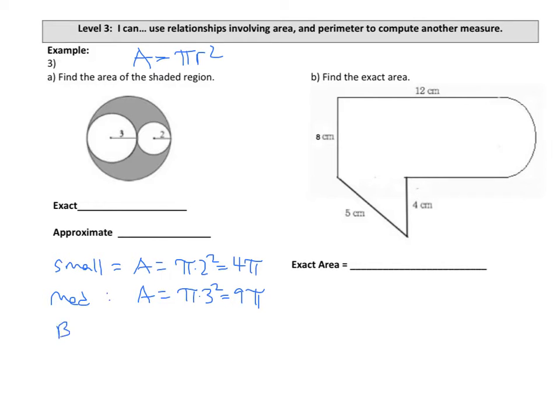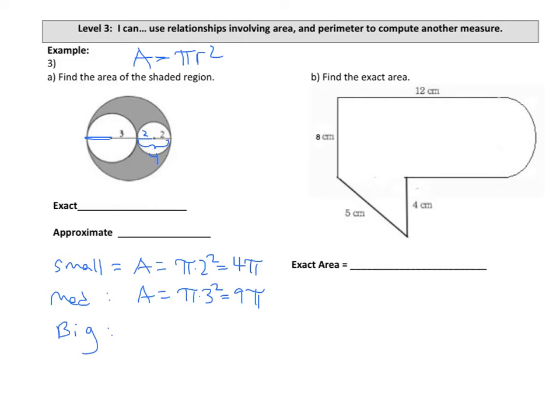And then for the big circle, we're not given the radius, so we need to figure it out. So using this diagram, since the small circle had a radius of 2, its diameter would be 4.